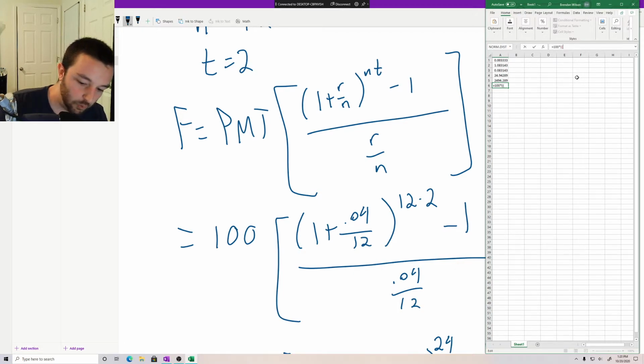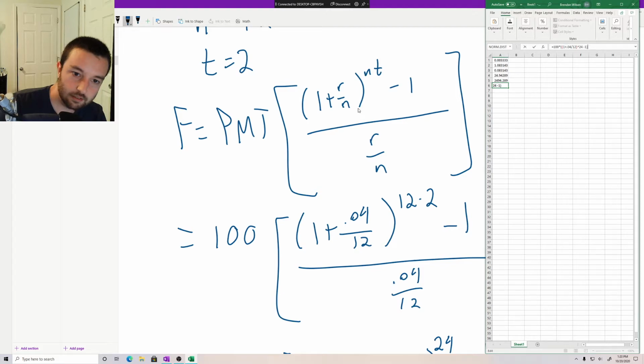Now we're going to do 1 plus 0.04 divided by 12, right? So that closed this parentheses. Now we're going to raise that to the 24th power. And then we're going to subtract 1.